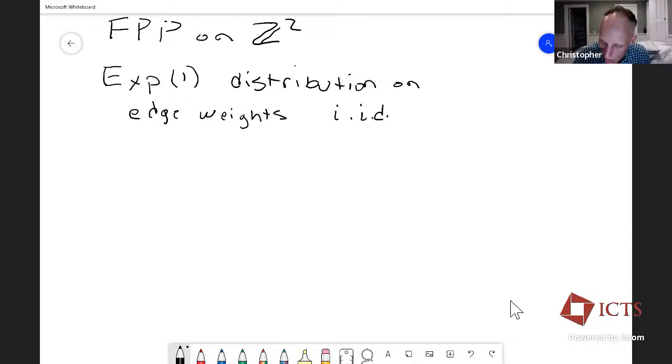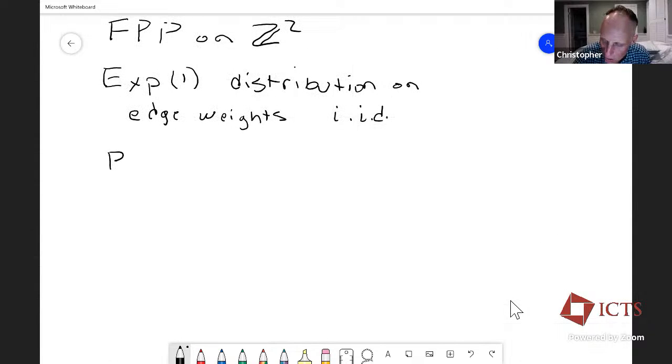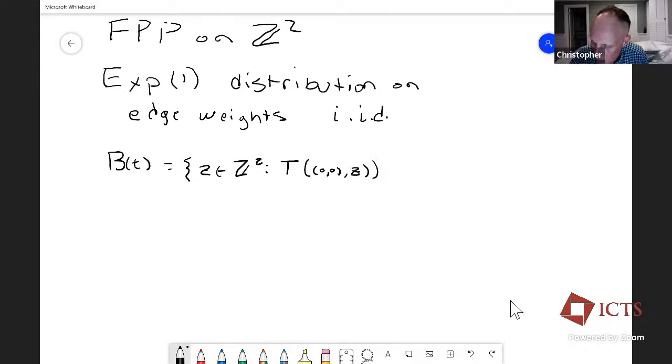So we have B of t, the set of all z in Z2 such that the passage time from the origin to z is less than or equal to t. So this is the set of all points that we can reach from the origin in time t.